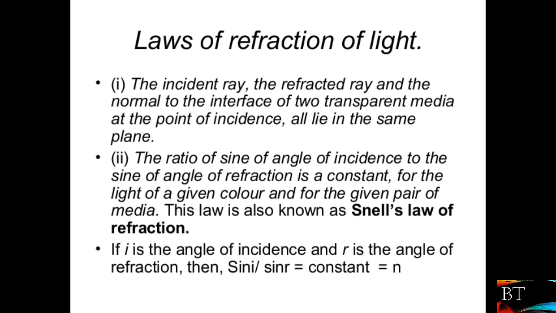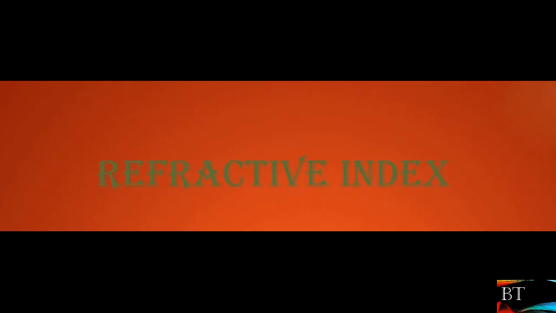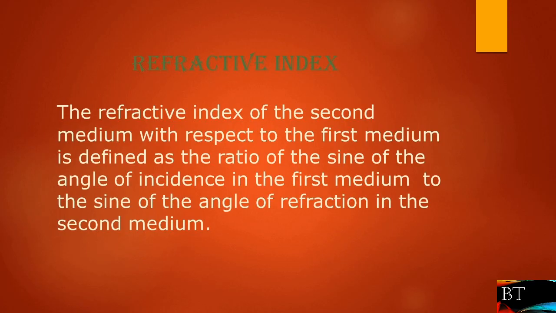So, refractive index is an important factor during refraction of light. Let's look in detail about refractive index. As Snell's law said, refractive index of the second medium with respect to the first medium is defined as the ratio of sine of the angle of incidence in the first medium to the sine of the angle of refraction in the second medium.